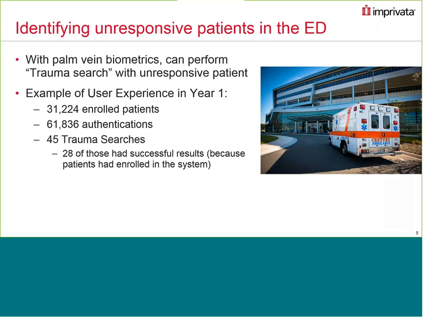If we have the capability to do a trauma search via this palm scan, we know if they've been enrolled before, and we get their information. We'd be able to put their x-rays under their name so that in the future they can actually go back and look at the visit history, not have to merge them downstream, again causing more work for another group. Certainly we'd be able to give them the right medications without any worries about allergies or holding back any kind of treatment.